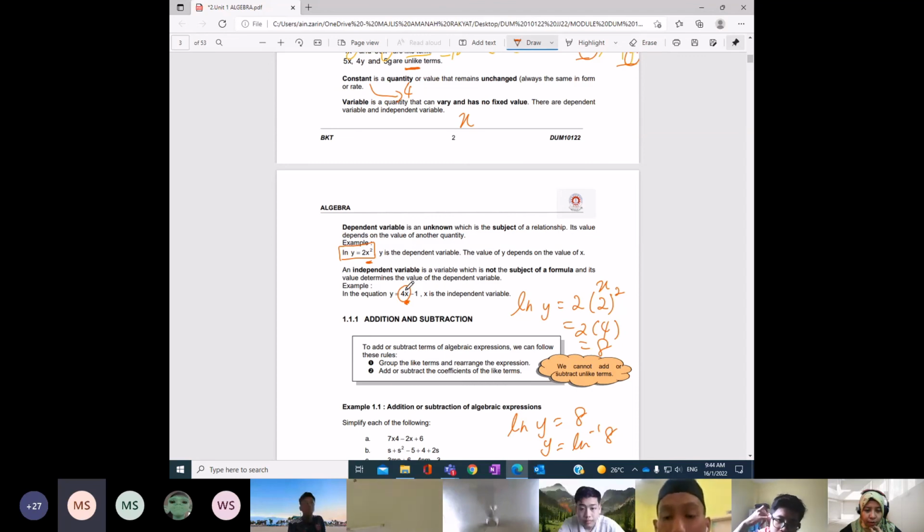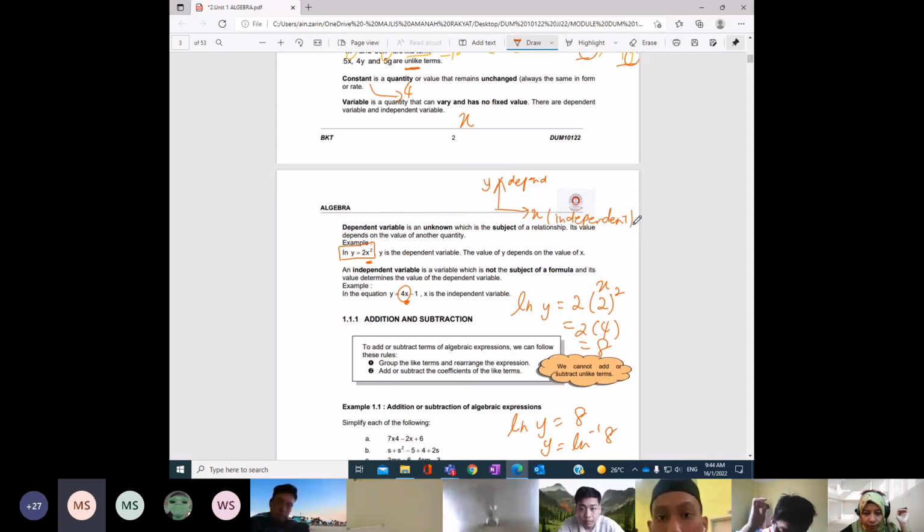X adalah independent variable. Normally kalau kita draw graph kan, kita dah belajar zaman sains dulu. Y-axis is the dependent variable. X-axis is the independent variable. Kita dah belajar dah ni dulu.